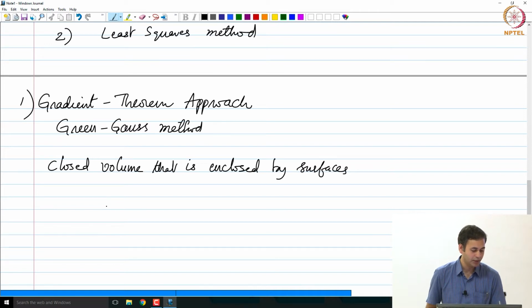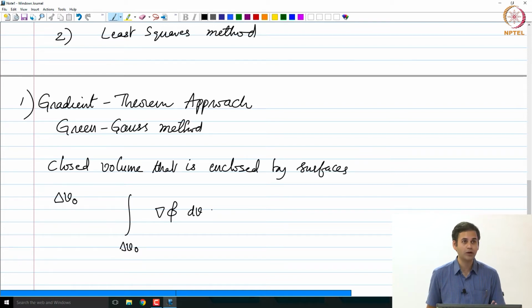Then if we have a closed volume delta V naught, what would the gradient theorem, or the Green-Gauss theorem, say? In this volume we want to calculate the gradient of a scalar, phi is my scalar and dV is the differential volume. What would the gradient theorem relate this gradient of the scalar to, in terms of a surface integral?